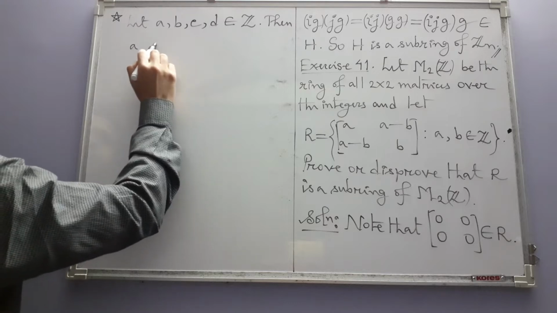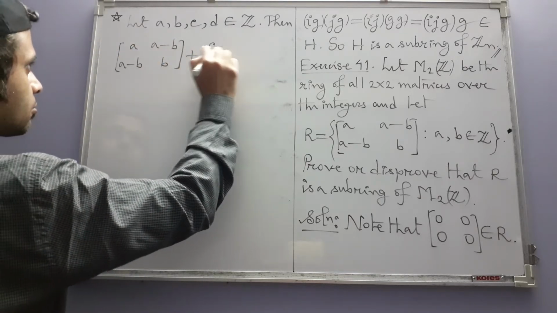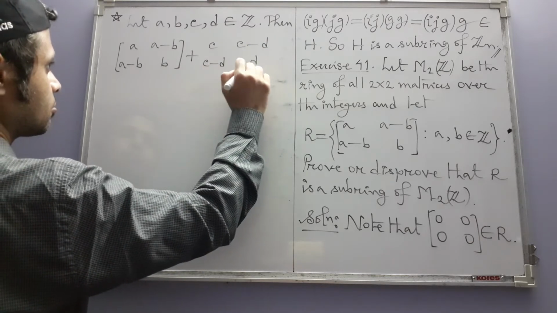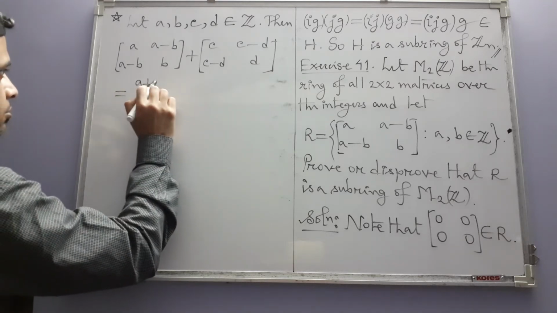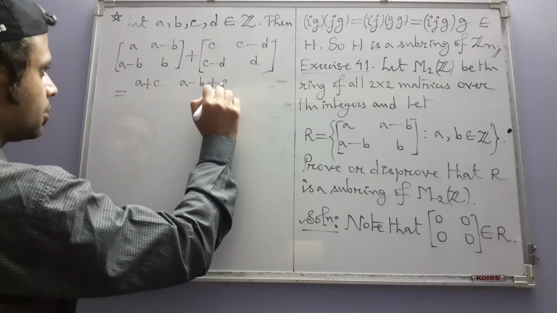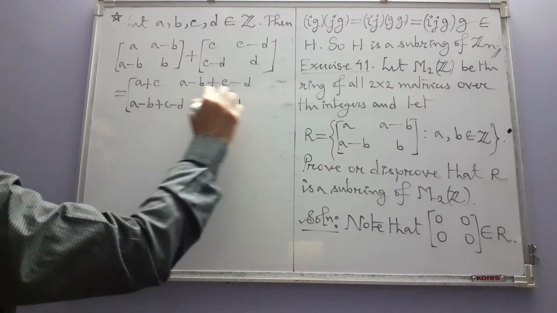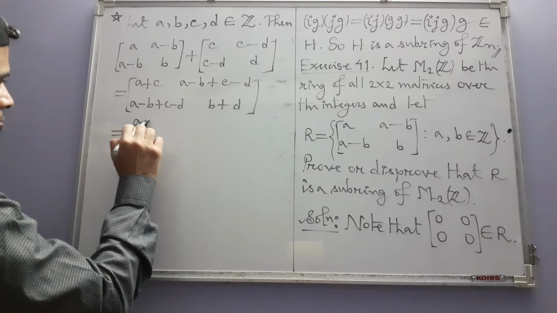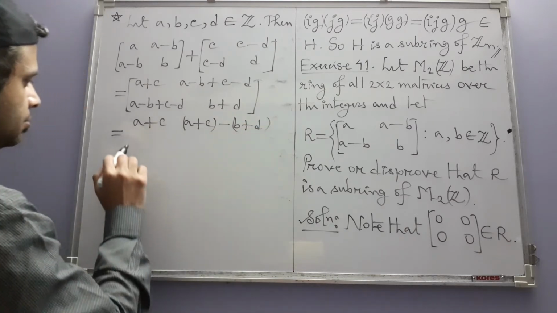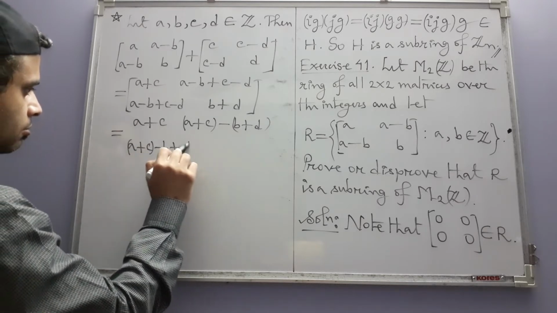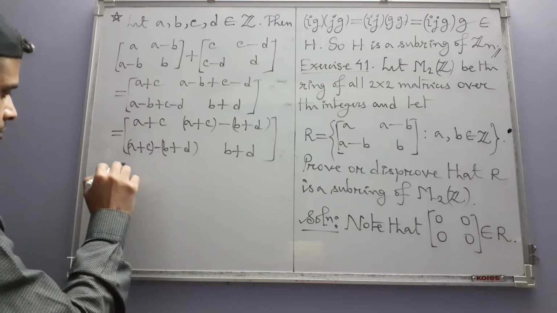Then the sum of these two matrices, A plus C, A minus B plus C minus D, so you can see that this can be written also like this: A plus C minus of B plus D. So this clearly belongs to R.